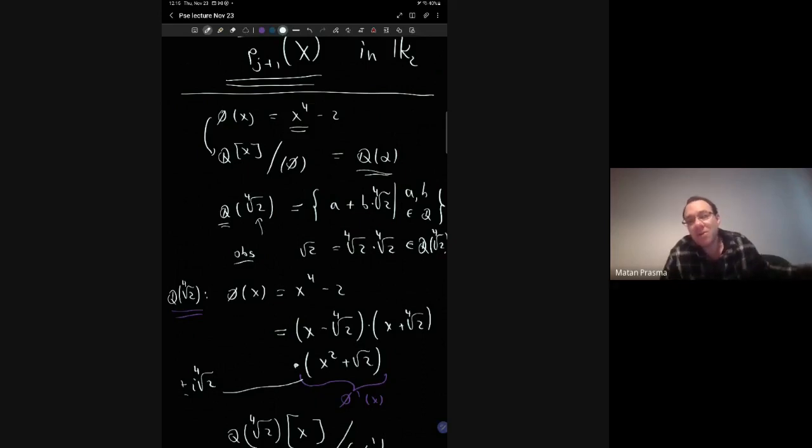I don't know. So all I can guarantee is that eventually I get a splitting field, which is unique up to isomorphism. But I cannot control the process. I don't know what root I added at any point.